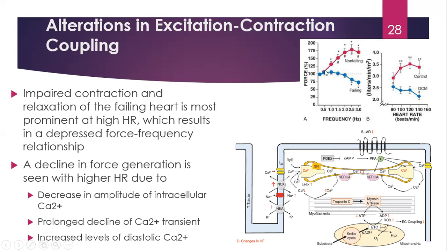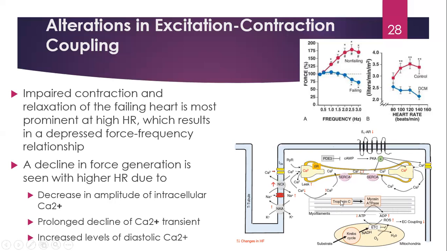In a normal heart, when you increase rate, contractility should increase. But in the failing heart, wherein remodeling has occurred, when you increase rate, the contractility reduces drastically. So a higher heart rate results in more depressed contraction. So you have a depression of your force-frequency relationship.